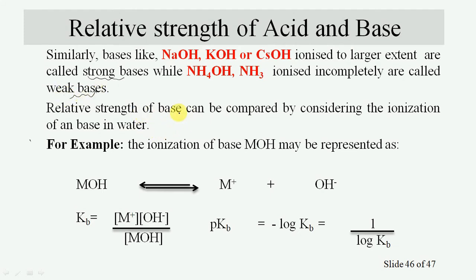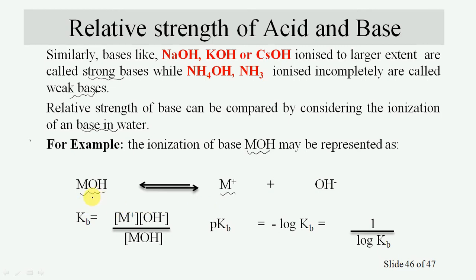The relative strength of base can be compared by considering the ionization of base in water. For example, the base MOH will undergo dissociation in water to give M+ ion and OH- ion.